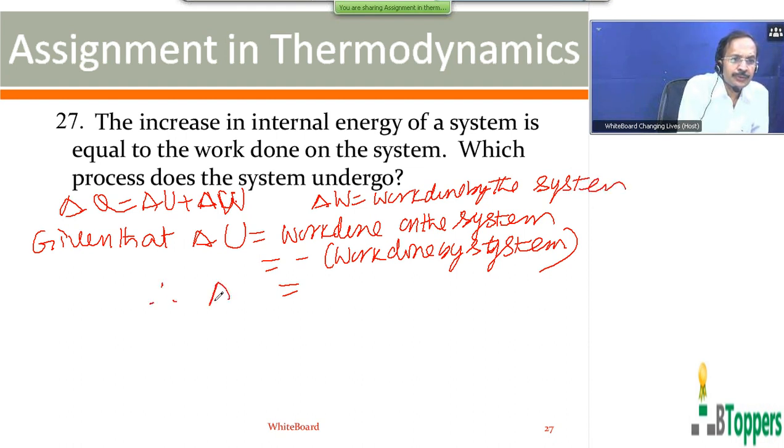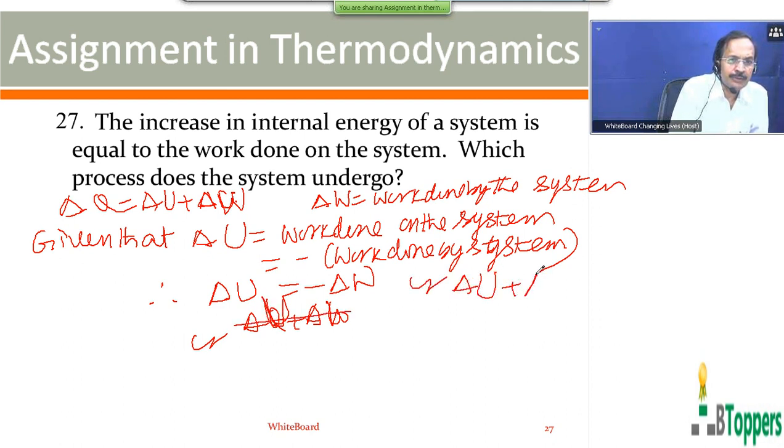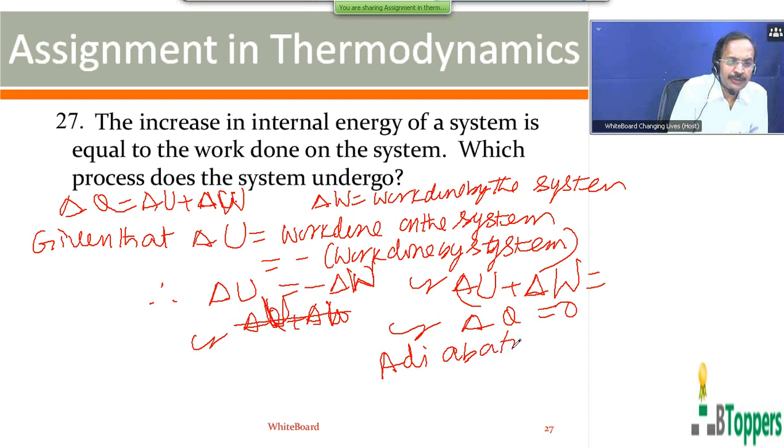Therefore, delta U in the given process is minus delta W, or delta U plus delta W is 0. Delta U plus delta W is delta Q. So delta Q is 0. That means it must be an adiabatic process. The process is adiabatic.